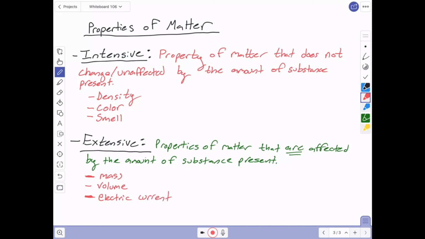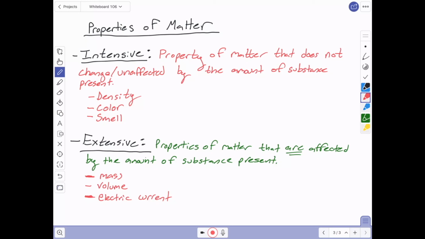If it's conductive, the more substance you have, the more electricity is going to be able to run through it. Okay, that's one example. These are extensive properties. So the more you have or the less you have, the property that you're studying will change depending on how much you have.